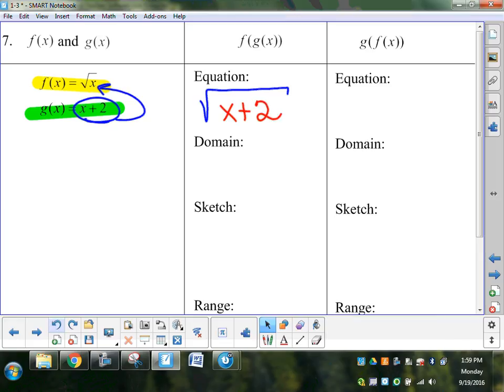Now, to figure out what the domain of this is going to be, and there's more than one way, I guess, that we can deal with what the domain is. Go in right now, please, and graph this in your calculators.